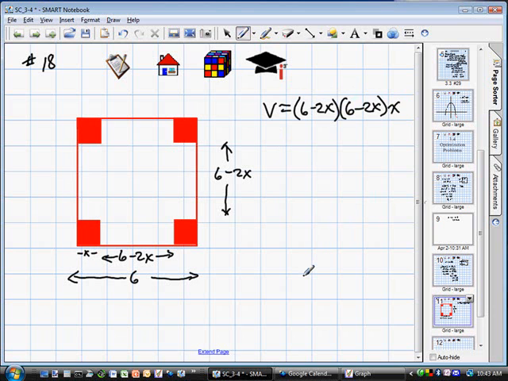And now the whole idea is to get this thing to be as big as possible. Well, we probably need to multiply it out, don't we? So here we go. Let's do this part first. What's 6 times 6? 36. 6 times minus 2x is minus 12x, and another one is minus 12x, so minus 24x plus 4x squared.